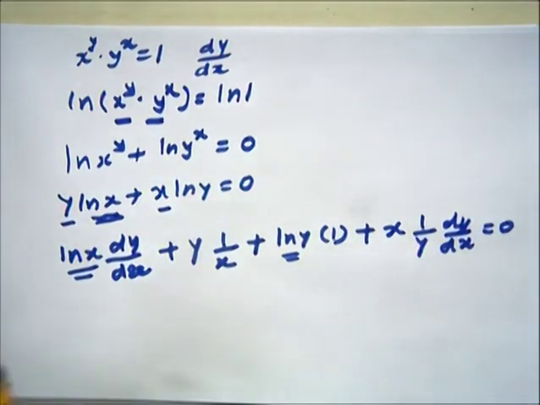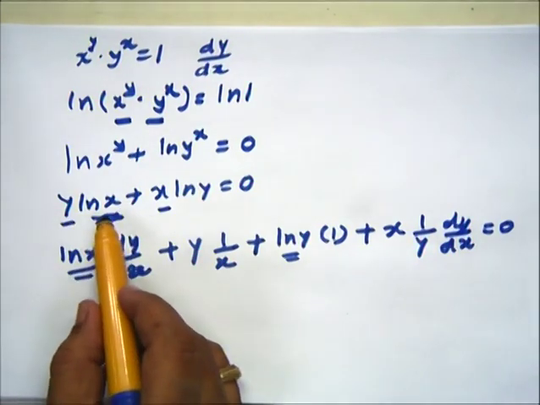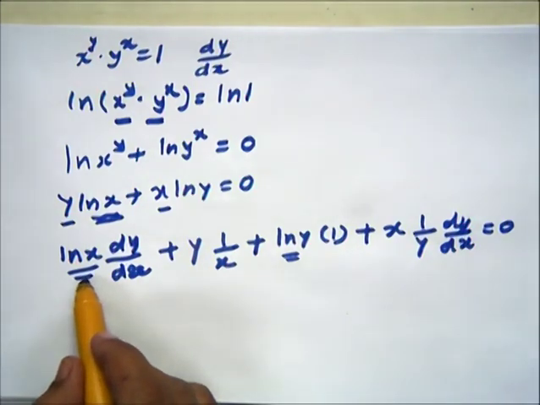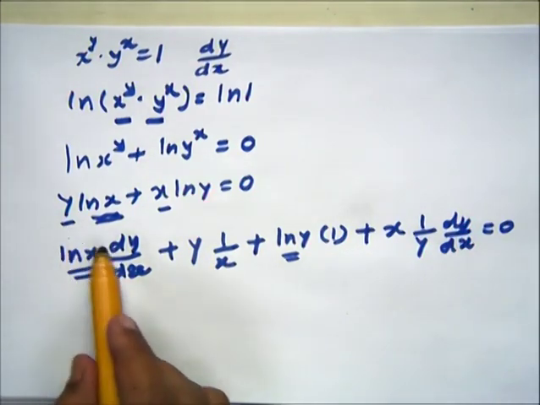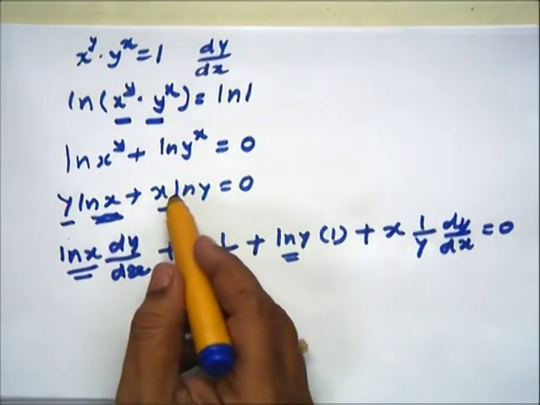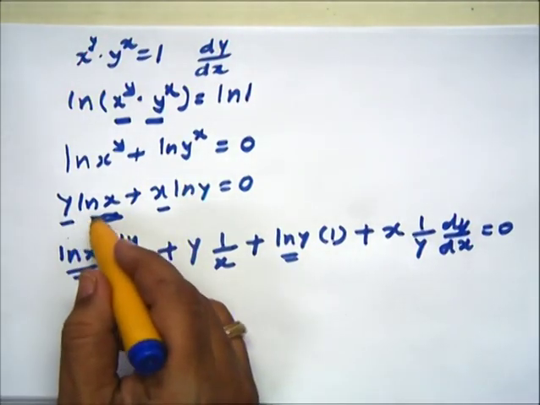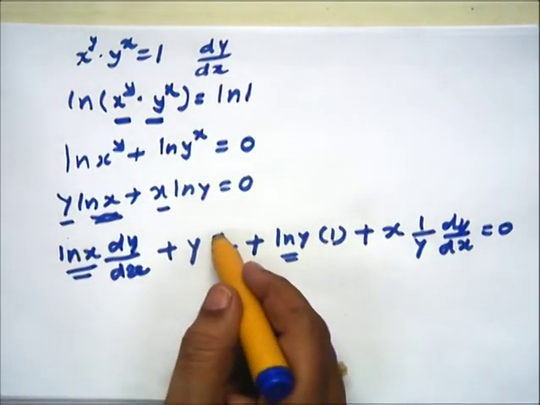Here we have a product of two functions, one is y and another is log x. So log x we keep as it is into the derivative of y with respect to x, that is dy by dx, plus y as it is into the derivative of log x, that is 1 upon x.